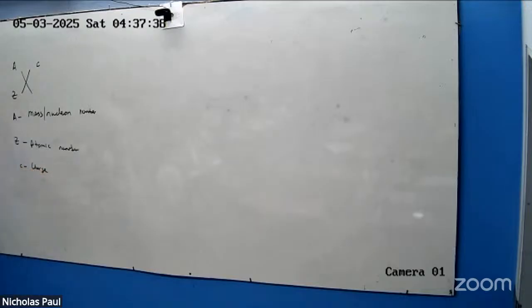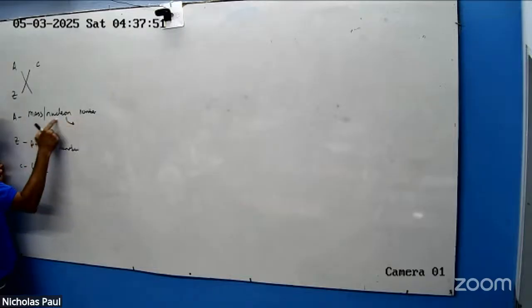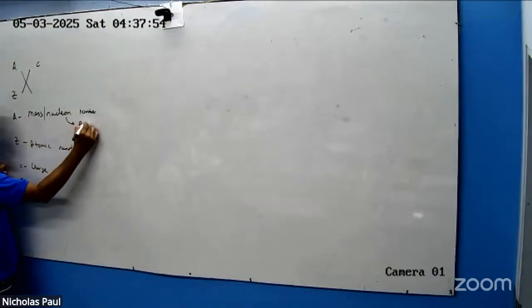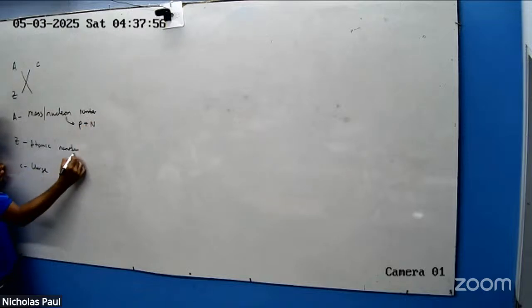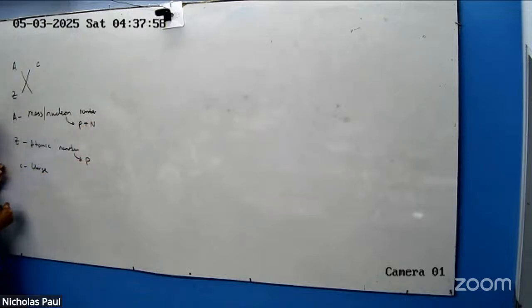But everything in the periodic table has a charge of what? 0. So for now, we will give it a charge of 0. Remember that your mass or nucleon number is the protons plus the neutrons. Your atomic number is your protons.